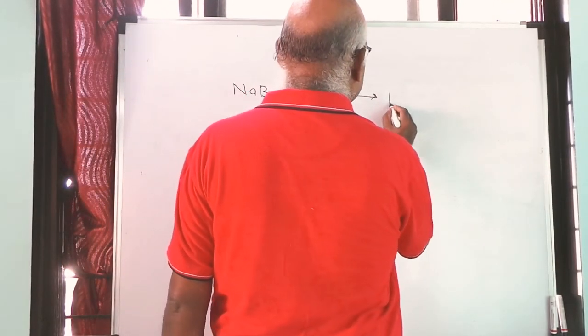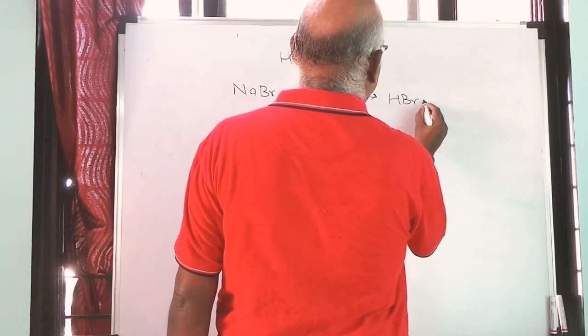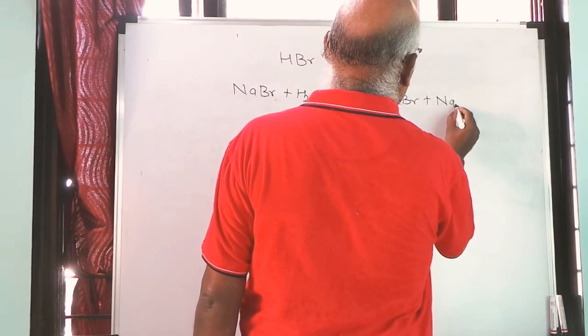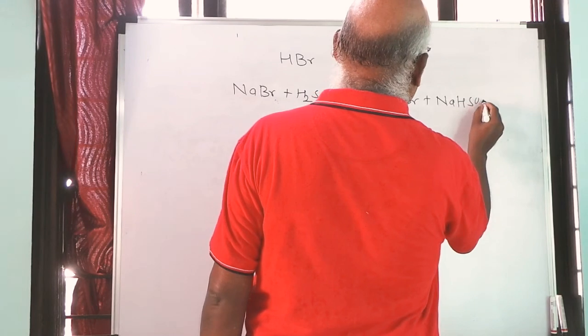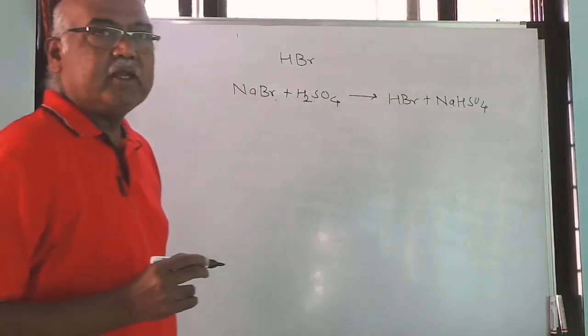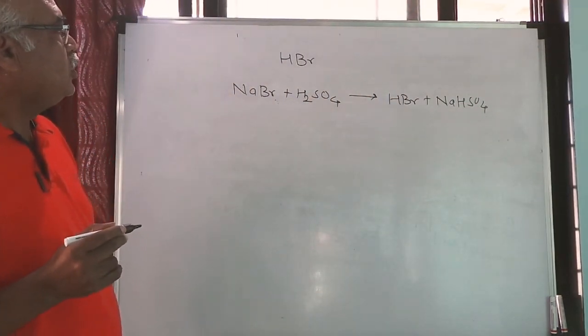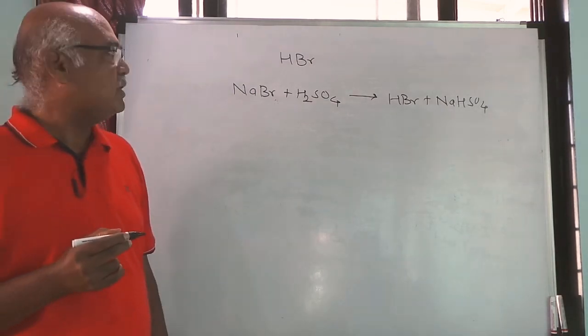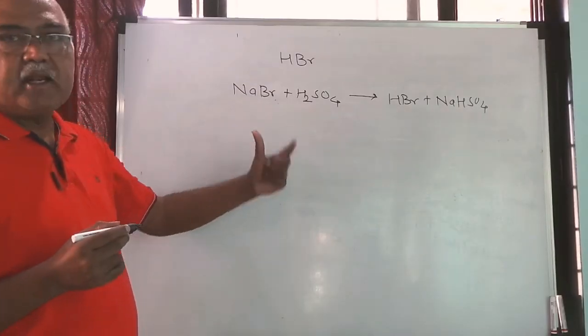When sodium bromide is treated with H2SO4, you get HBr as the product, plus NaHSO4. That means when you have to carry out the reaction, don't directly carry out the reaction with HBr, take NaBr and H2SO4.